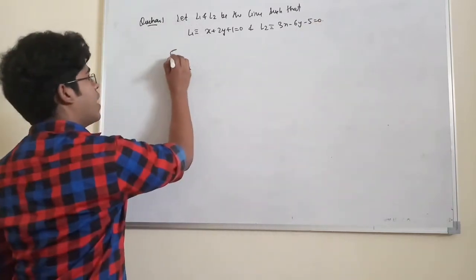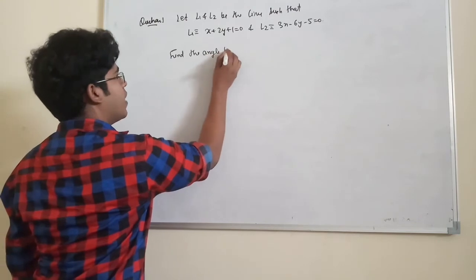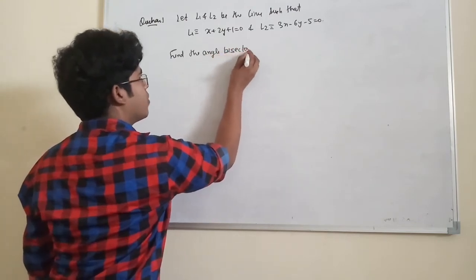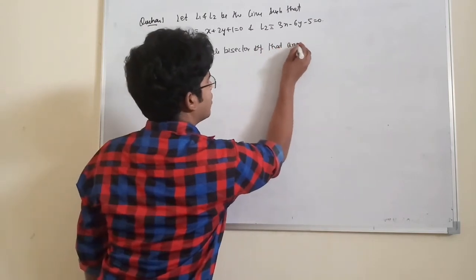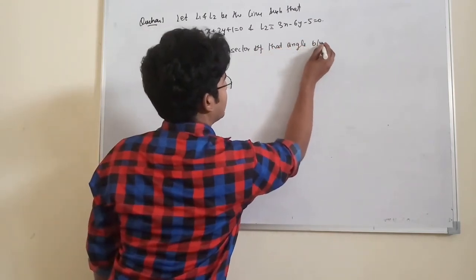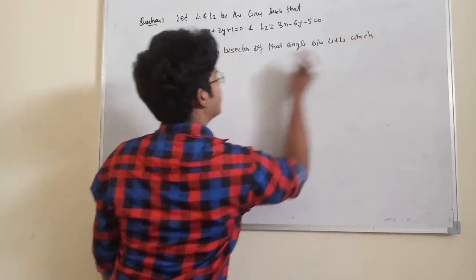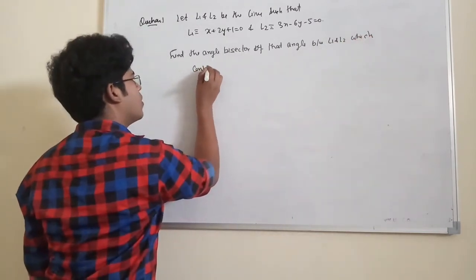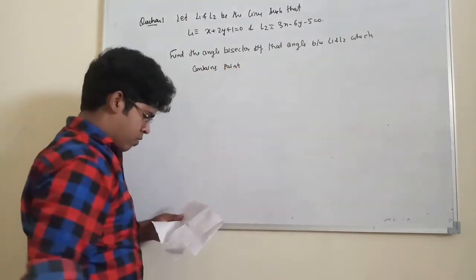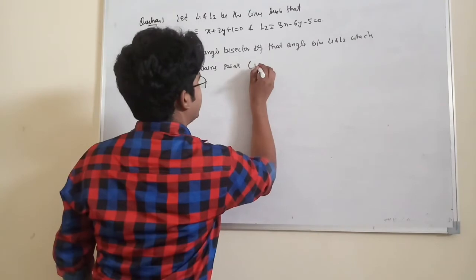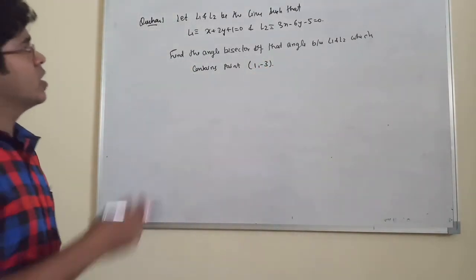Now the question, find the angle bisector of that angle between L1 and L2 which contains point 1 comma minus 3, right? This is the question. Now let us solve this question.